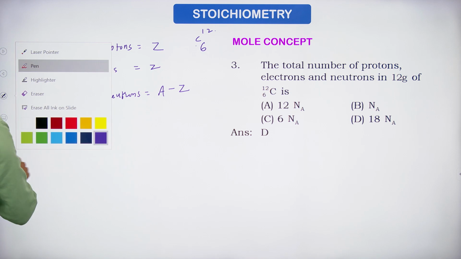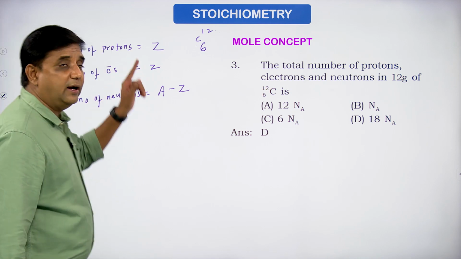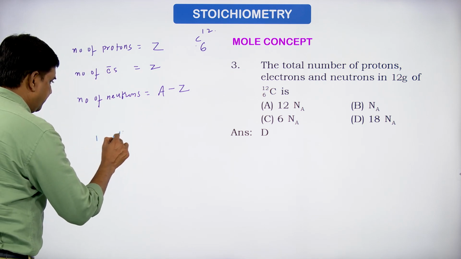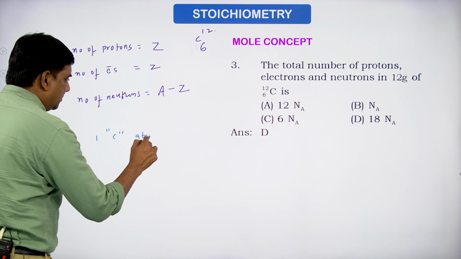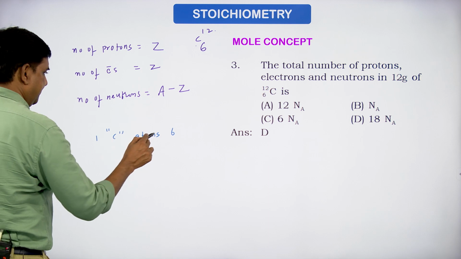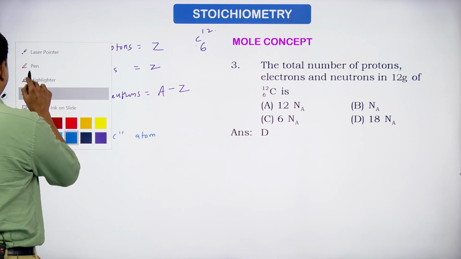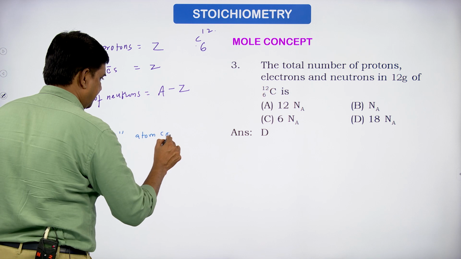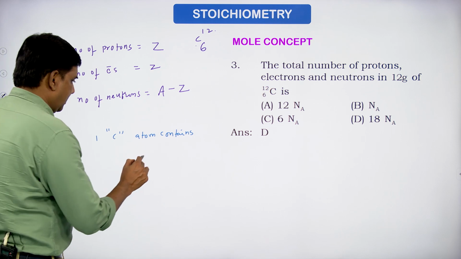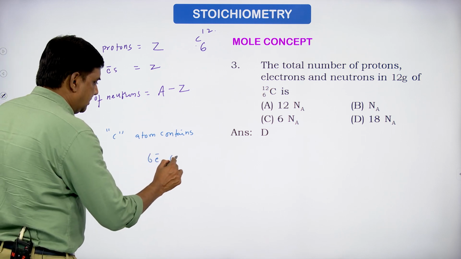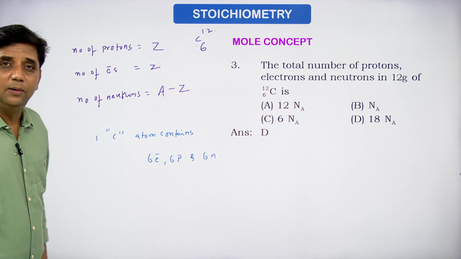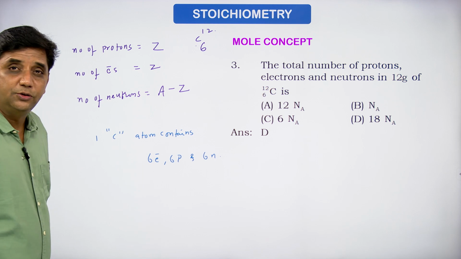Since the atomic number is 6, one carbon atom contains 6 electrons, 6 protons and 6 neutrons.